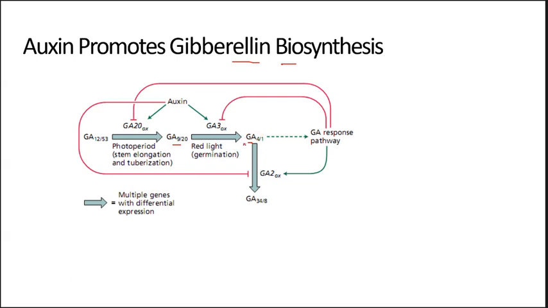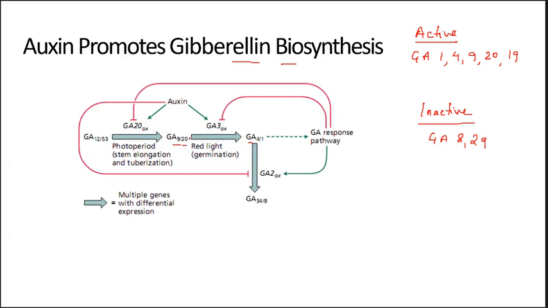GA4, GA9, GA1 are all active gibberellins, along with GA20 and GA19. The inactive ones are GA8 and GA29.